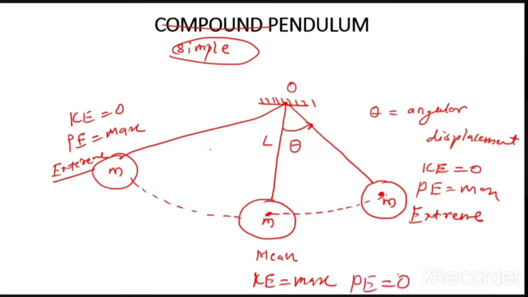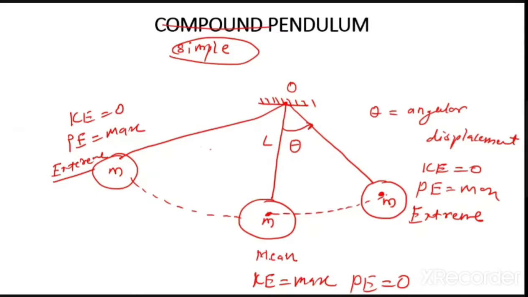Now tell me, from this diagram what do you understand about the simple pendulum? What is a simple pendulum? A small mass suspended at the end of a string of length L. If I give a small angular displacement theta, what will happen?